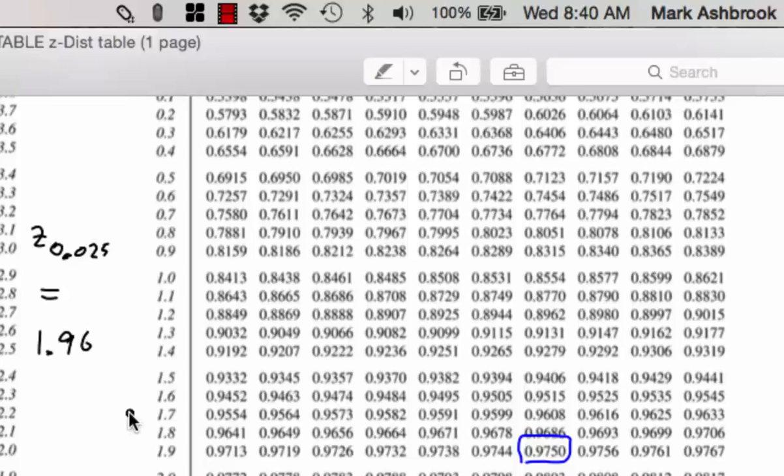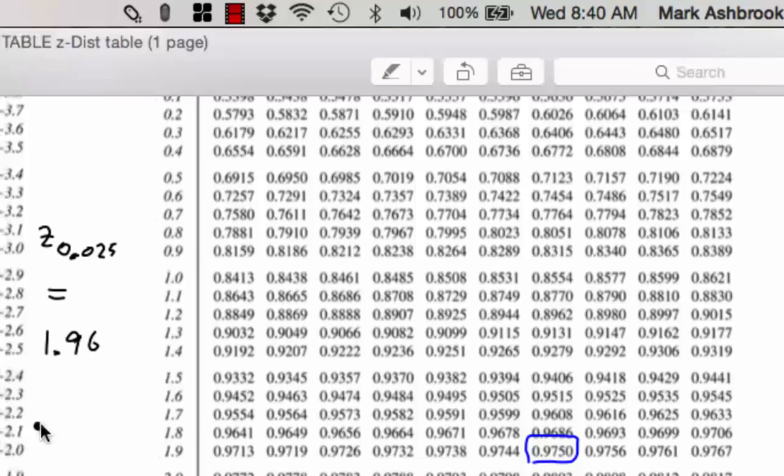Okay, so what if we came up with an area, we're trying to find a z-score for some area, and say it was 0.8325. I'm looking for a z-score that has an area of 0.8325. What would I do? Can you find it? You see that it's between these two.